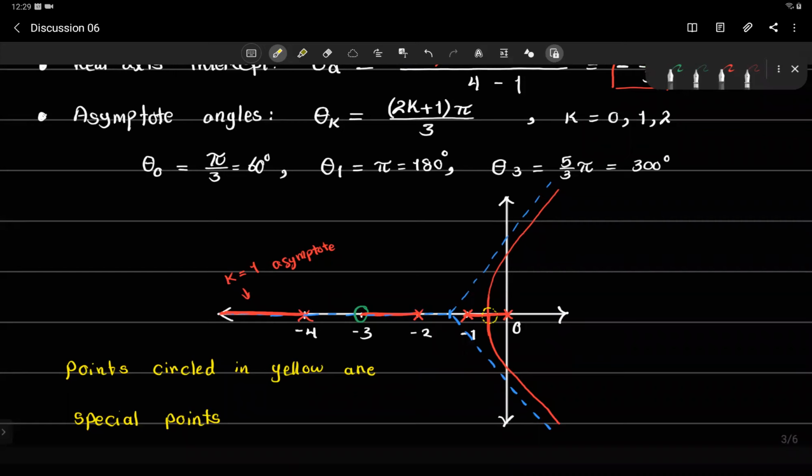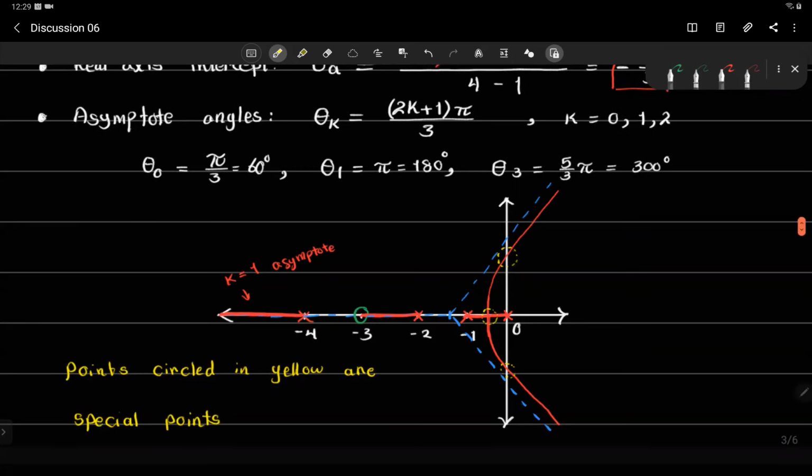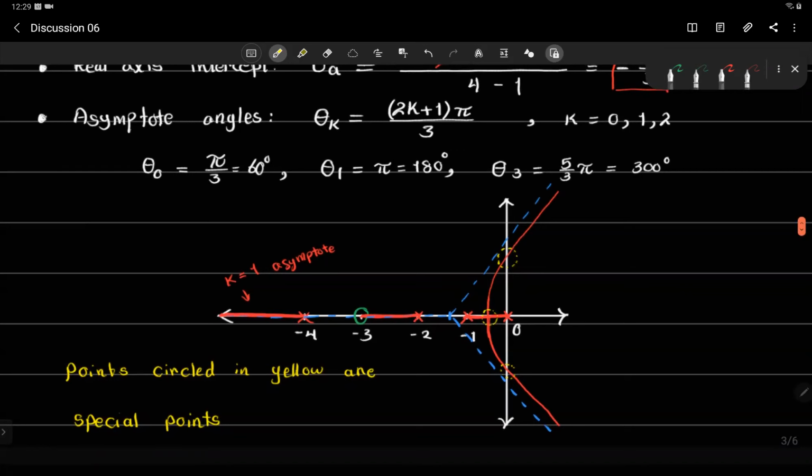Now, another special point is these points here, right? The points at which the root locus crosses the imaginary axis. The reason these are important is because before these roots cross the imaginary axis, the system is stable. But at this critical value, the system becomes marginally stable, right?